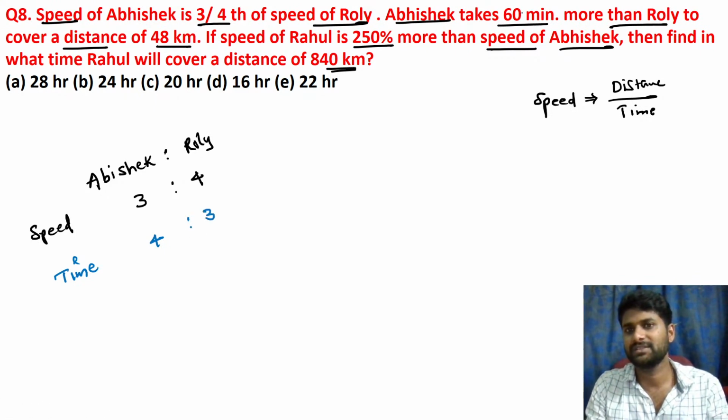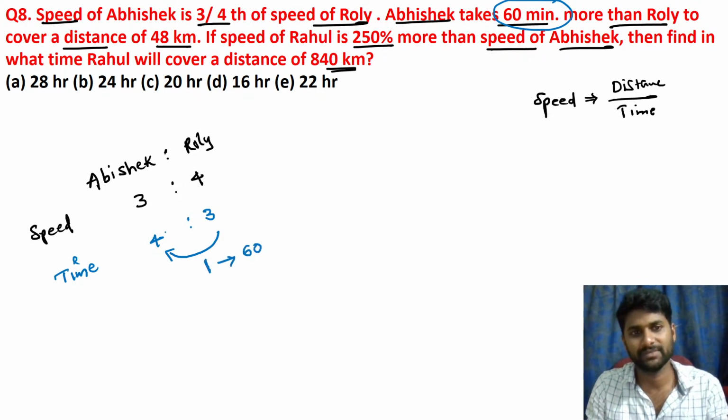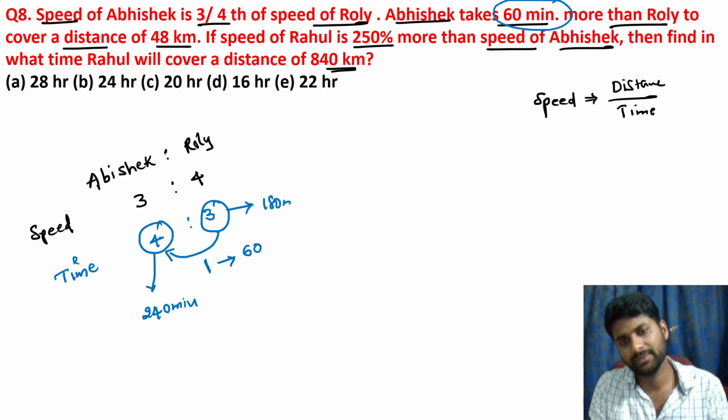Here it is clearly mentioned that Abhishek takes 60 minutes more than Roli to cover a distance of 48 kilometers. So Abhishek takes 4 units and Roli takes 3 units. The difference means 1 unit extra. 1 unit is equal to 60 minutes. Now Abhishek takes 240 minutes of journey and Roli takes 180 minutes of journey.